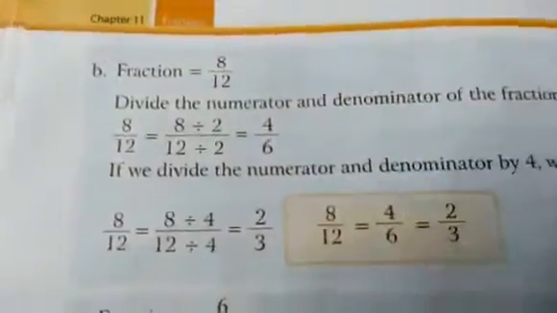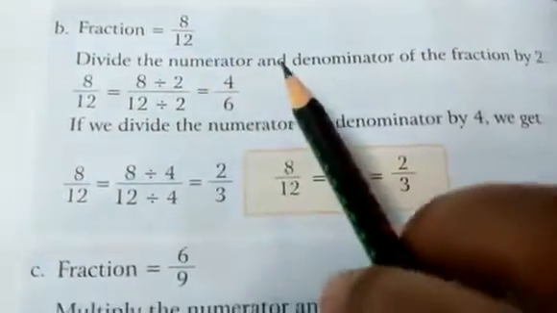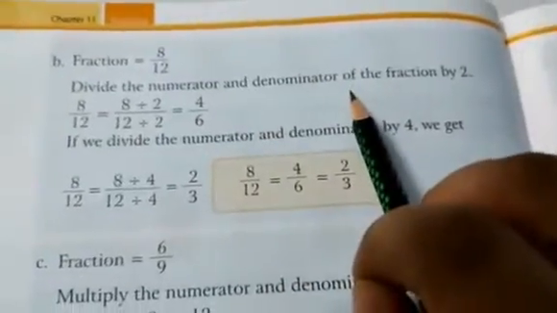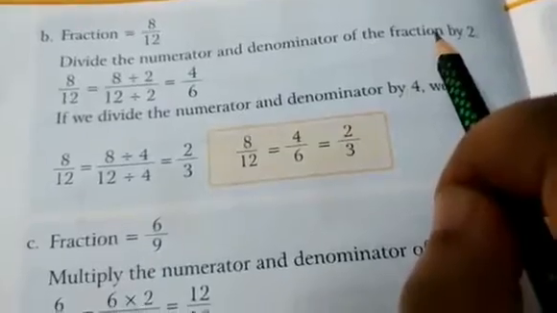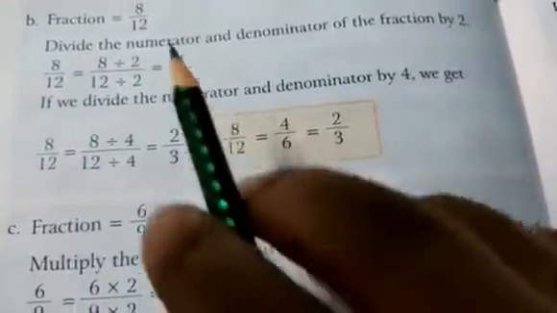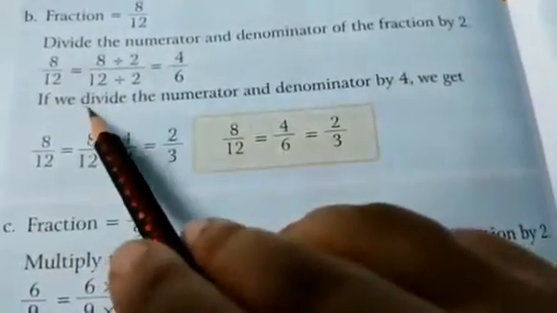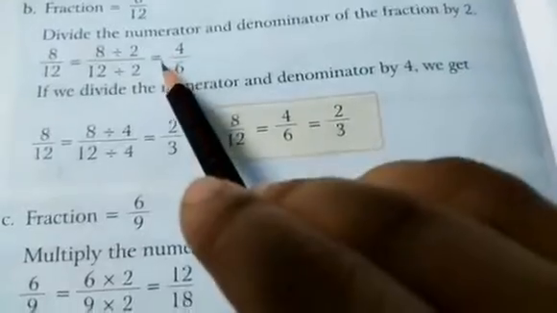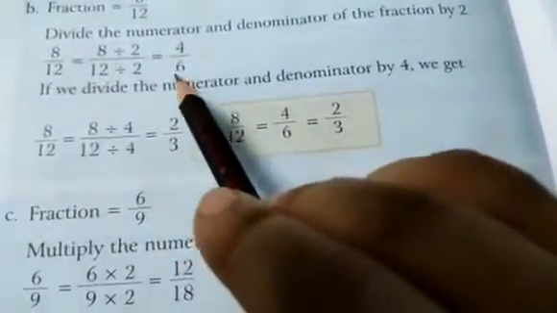Same, one more example is here. 8/12. Divide the numerator and denominator of the fraction by 2. If we divide the numerator and denominator by 2, we get 8 divided by 2, 12 divided by 2. That is equal to 2 4s are 8 and 2 6s are 12.